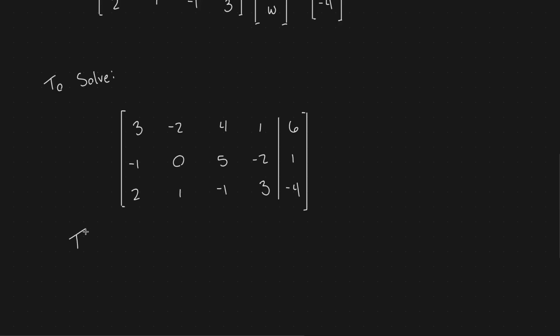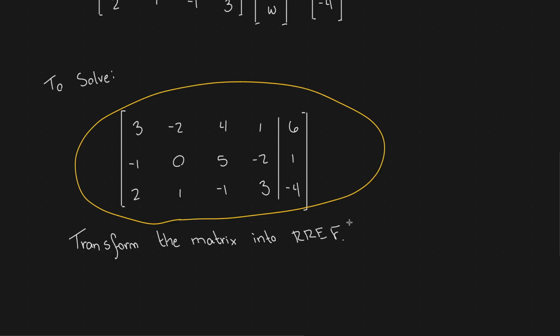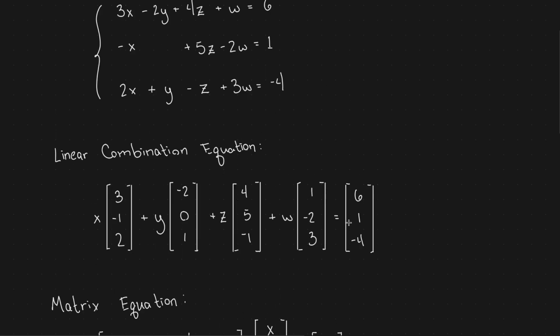And then we transform the matrix into reduced row echelon form. Okay, so you need to be able to identify this matrix and be able to transform it for any way we present the system.